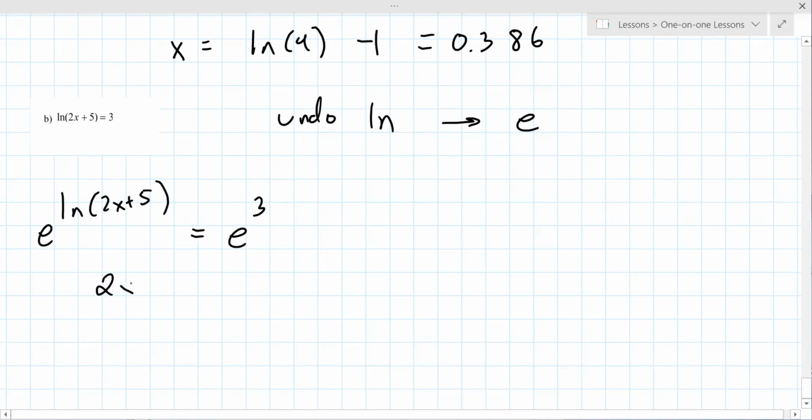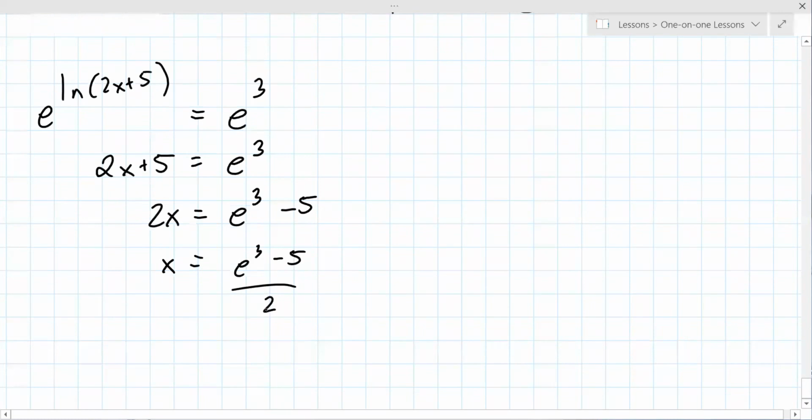So this is 2x plus 5 equals e cubed. And then you have to undo this plus 5 and times 2. So you're going to subtract 5 from both sides. You get e cubed minus 5. Then you're going to divide by 2. So that's e cubed minus 5, all divided by 2. Your calculator has the e button on there.